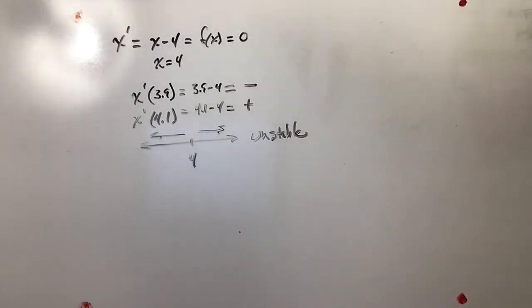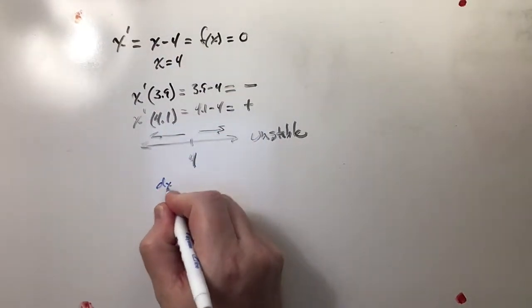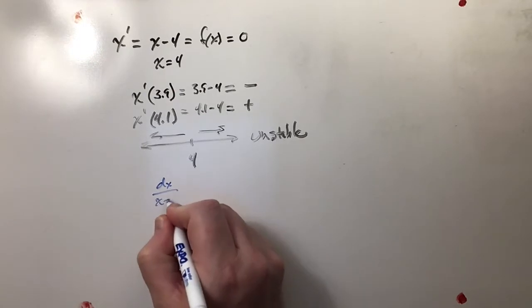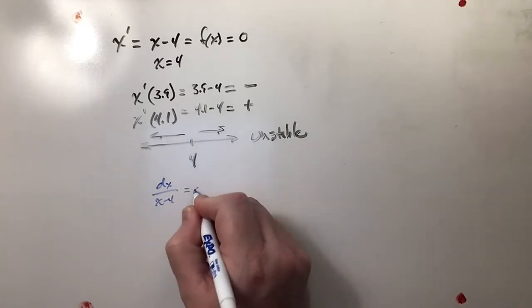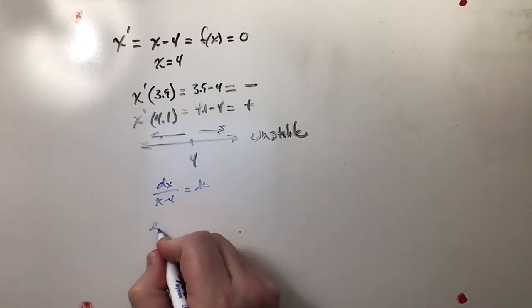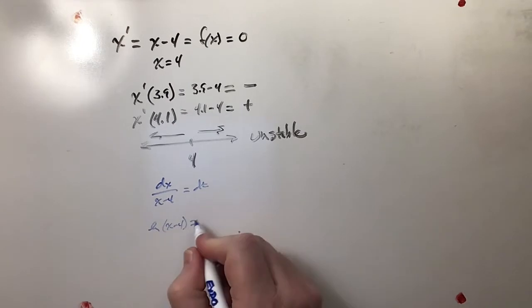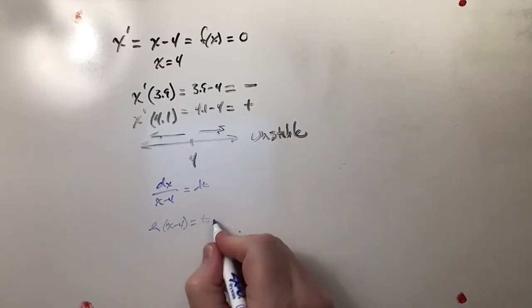Okay, now let's solve the differential equation and see what we end up with when we find the solution. So this one's not too bad to solve. When I take this guy and separate it, I'm going to get dx over x minus 4 is equal to dt. And of course, integrating is going to give me the natural log of x minus 4 is equal to t plus c.